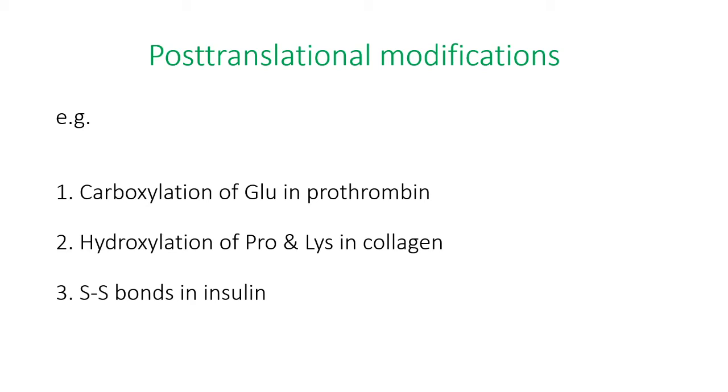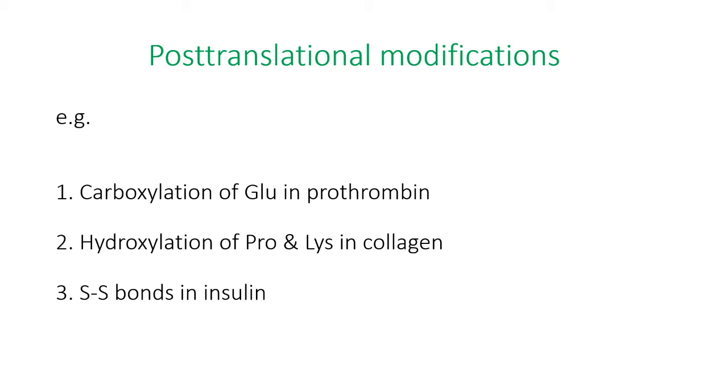Now, after translation, we have two more little topics, that is post-translational modifications and inhibitors of translation. Modifications occur after protein synthesis, that is after translation. These are called post-translational modifications.